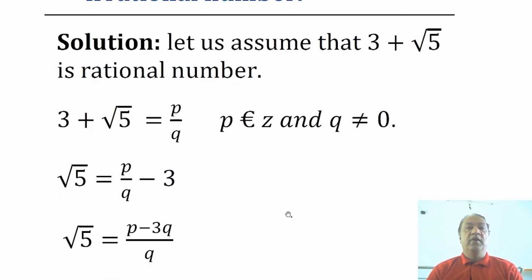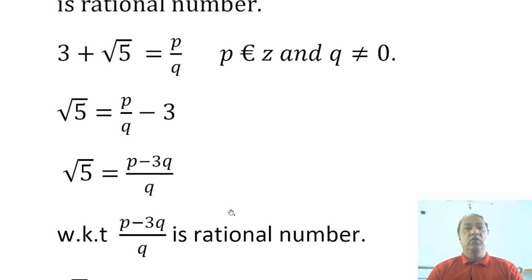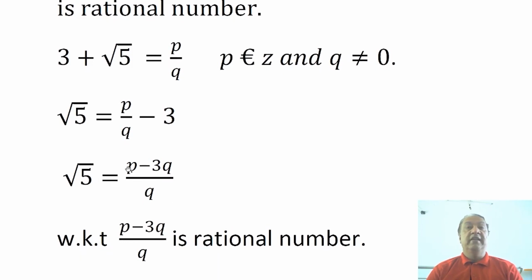Therefore, root 5 is equal to p by q minus 3. If 3 comes to the right side, it becomes minus 3. Then root 5 is equal to, taking the LCM of q and 1, which will be q, p minus 3q by q.